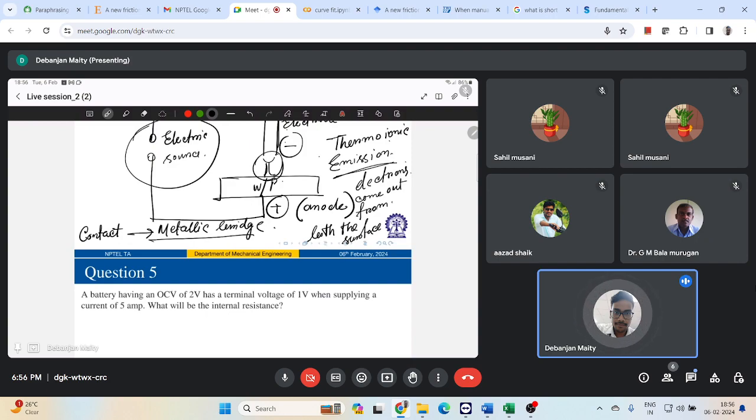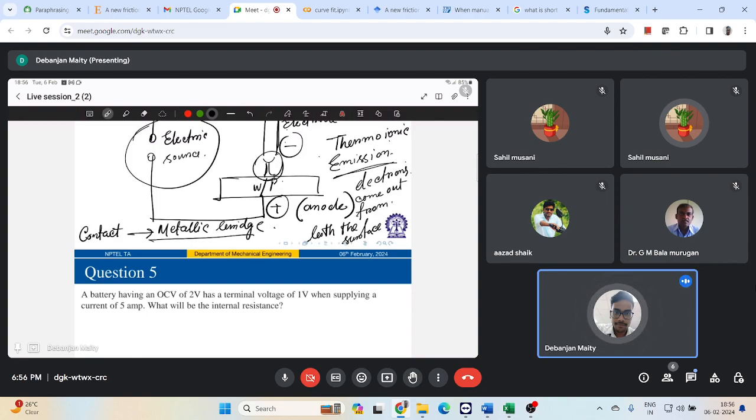Obviously, the electrons coming out of the anode, which is positive in nature, are pulled back, whereas those coming out of the cathode are also attracted towards the anode, right?